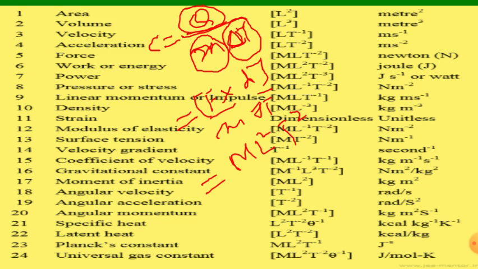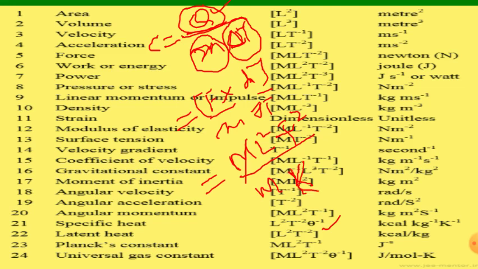But in the case of distance, L, so this will be L square, T inverse square. So this is about the energy, or you can say the heat energy. And for this mass, one mass will be coming up, and for temperature it will be Kelvin, but here it is written as theta. You can use K instead of theta, no doubt.